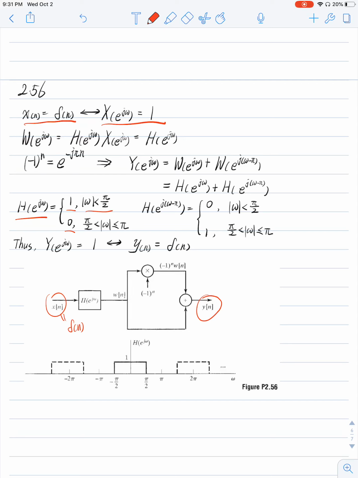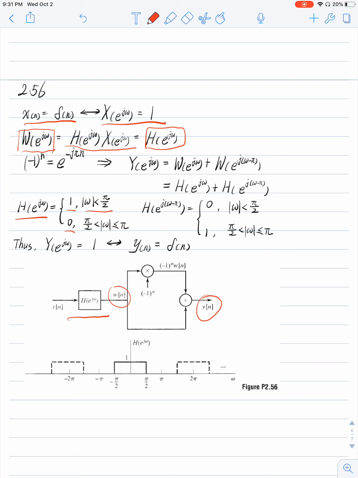And for the first step, we can get W(e^jω) equals H(e^jω) times X(e^jω). Because X(e^jω) equals 1, W(e^jω) equals H(e^jω).